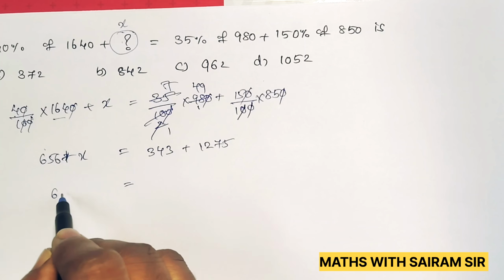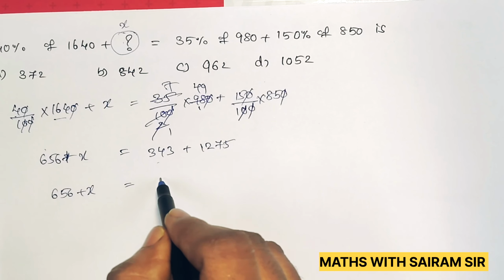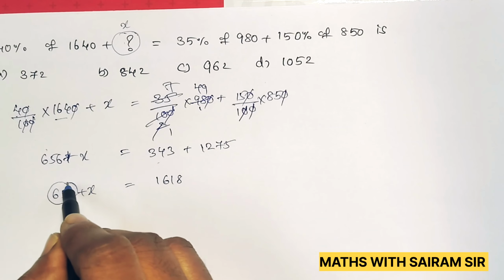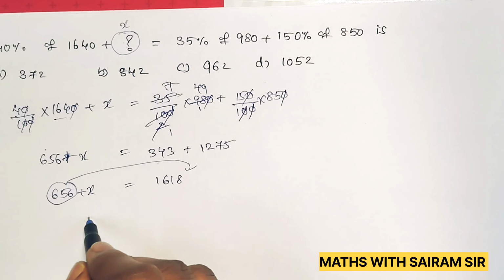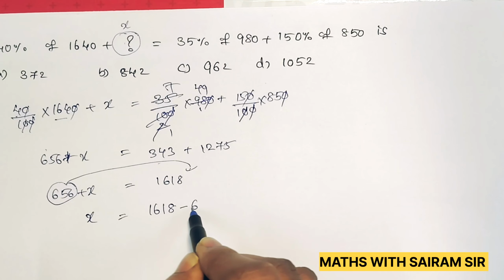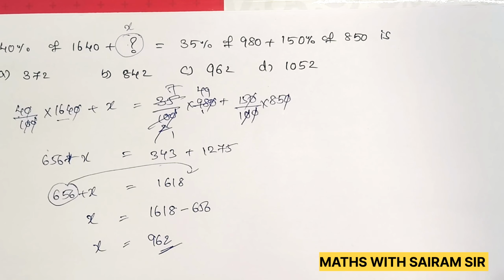Adding these we get 1618. Transposing this one to the other hand it becomes a minus. So x is equal to 1618 minus 656. So x value is what? 962 is the answer for this question.